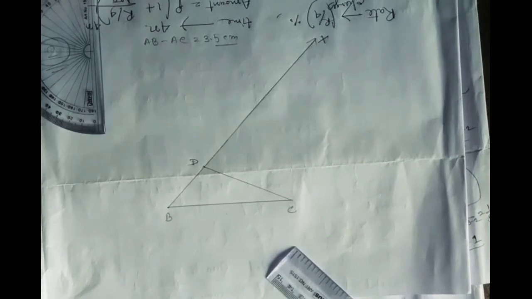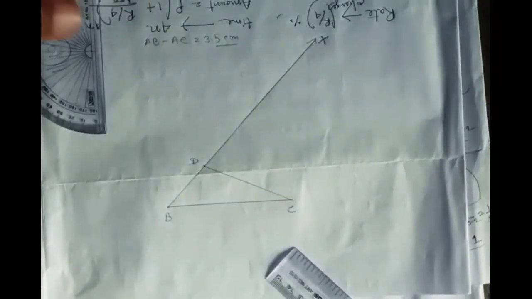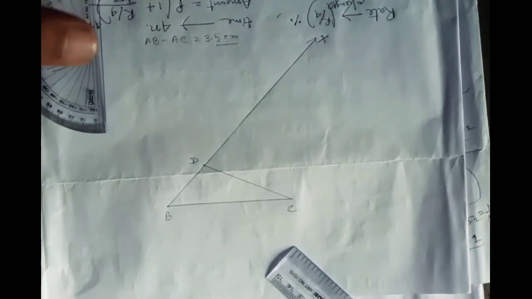Okay, and next we have to draw the perpendicular bisector of DC. So the perpendicular bisector of DC.